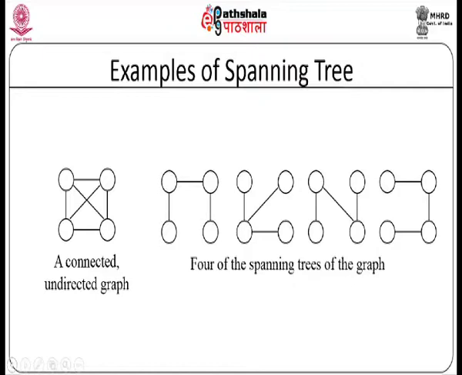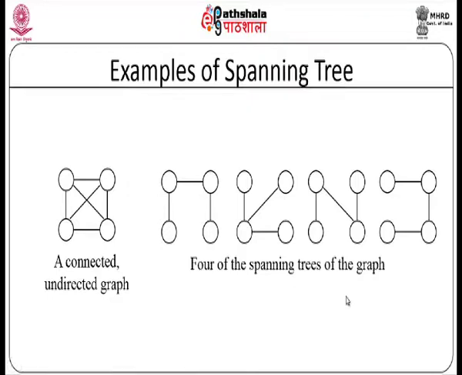So, these are some of the spanning trees of the graph. You can verify every spanning tree consists of all the vertices, and you can see that there are no cycles, and all the nodes are connected.